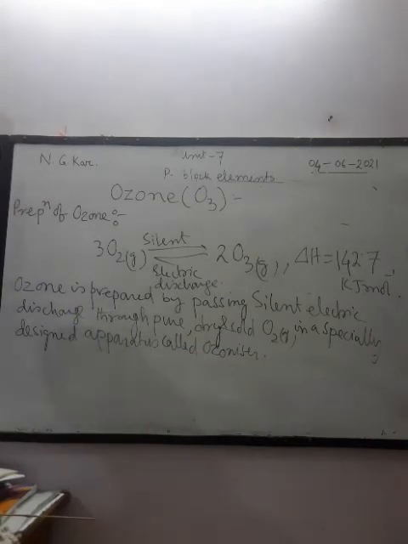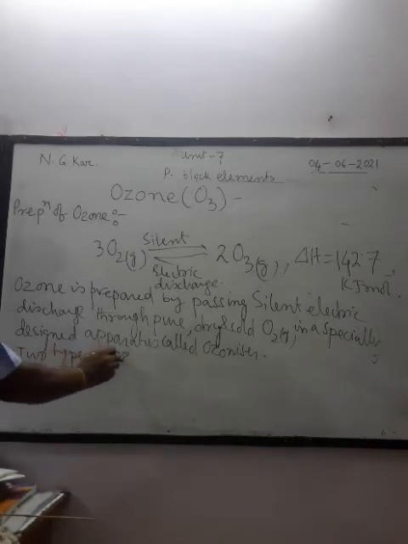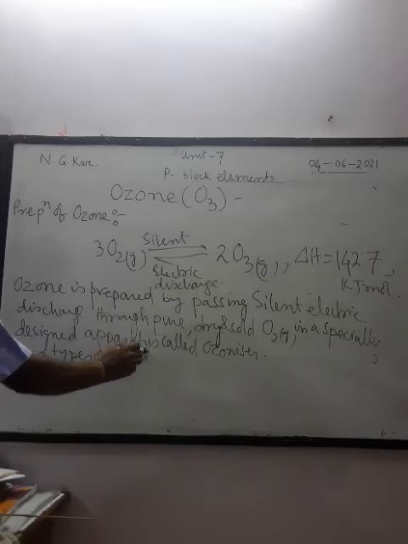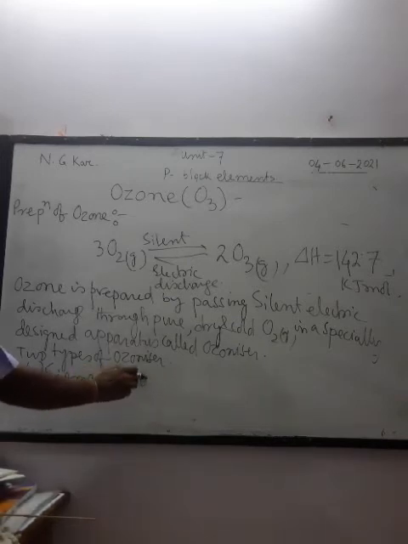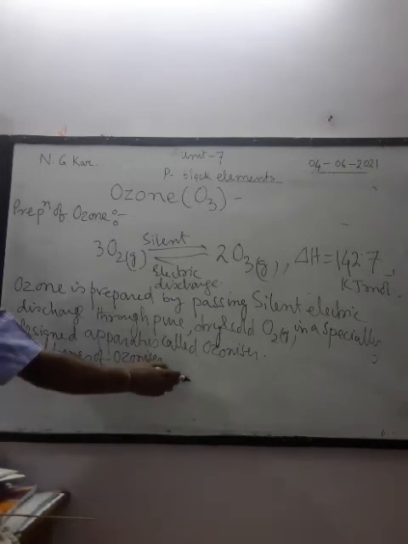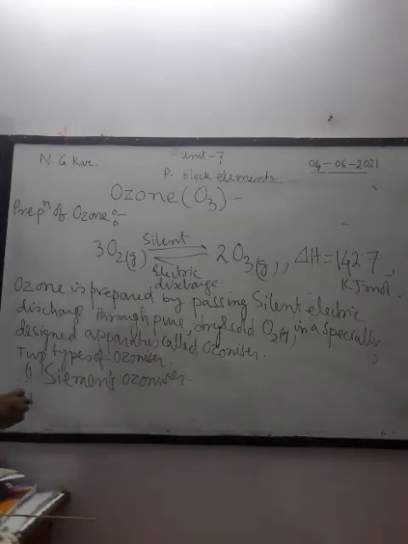There are two types of ozonizer used. Number one is called Siemens ozonizer, and number two is called Brody's ozonizer.